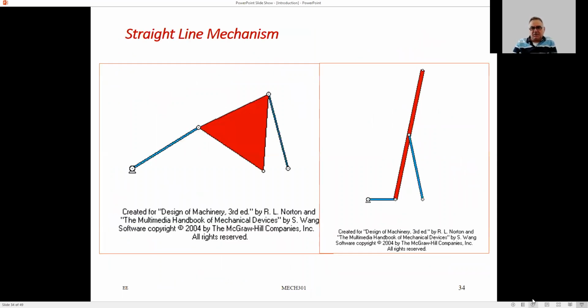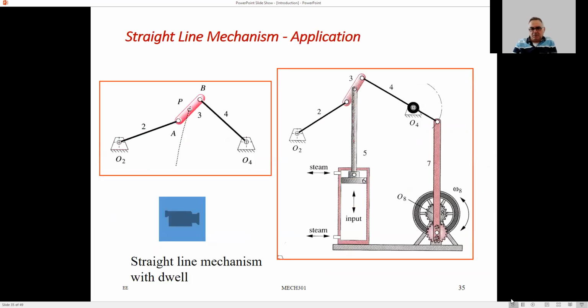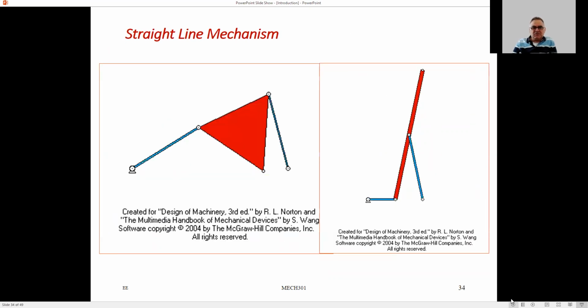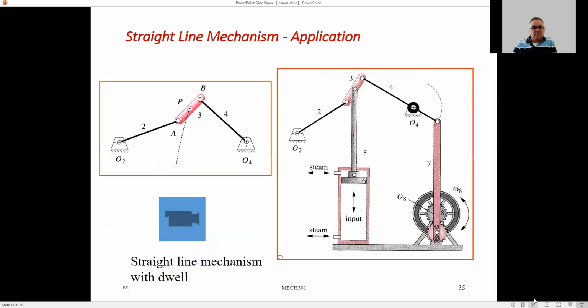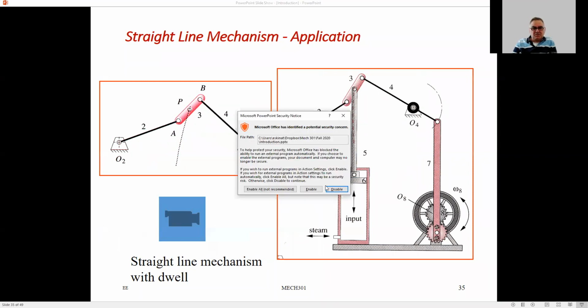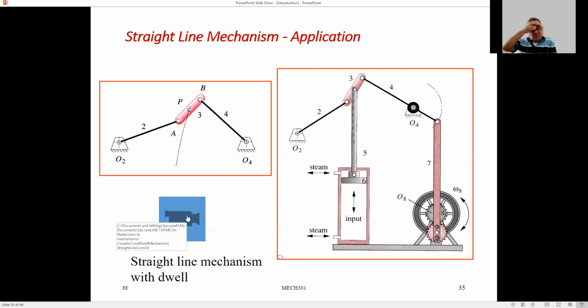Again, another straight line mechanism. This one, actually, is the same thing as I have shown there. Again, this is a straight line mechanism. There were videos here, but I cannot show them to you. I guess I don't have them.